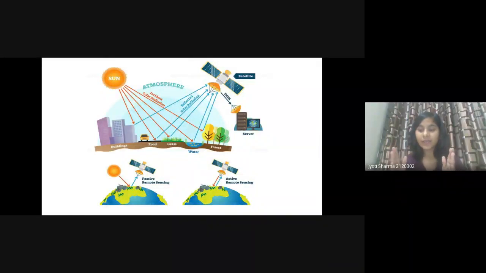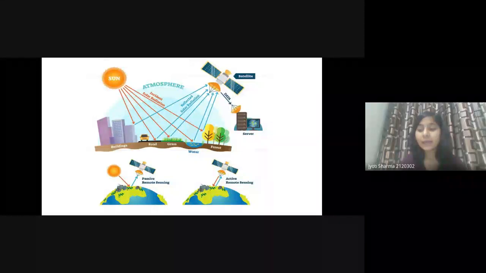So in this range the sun gives us the radiation. But the temperature of our earth is not that high, so the wavelength that the earth will emit will be long wave radiation, and it will be infrared radiation basically.